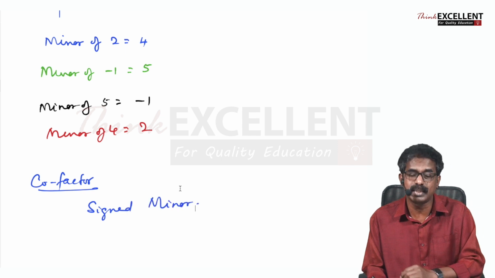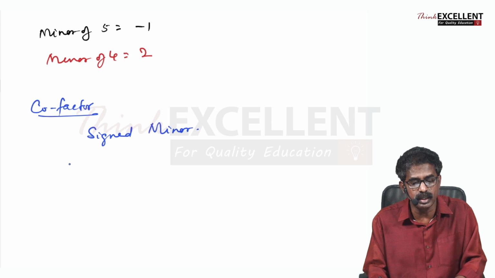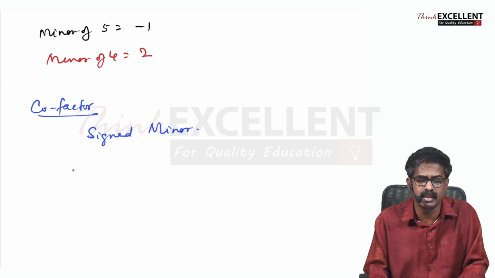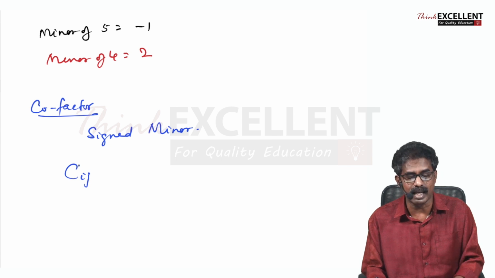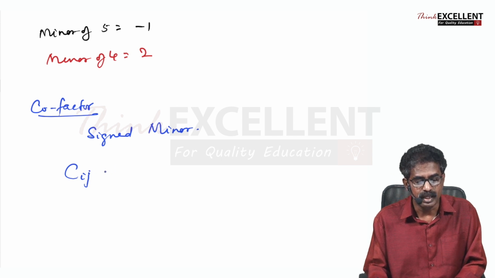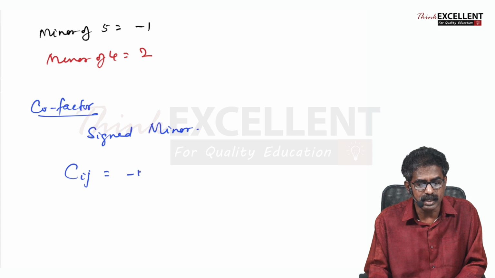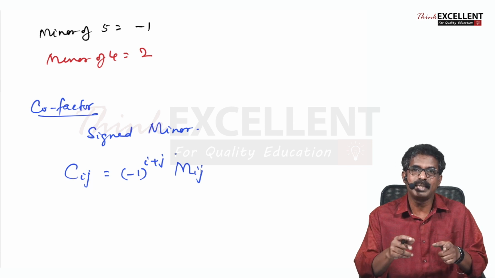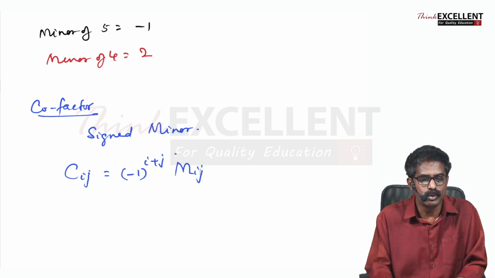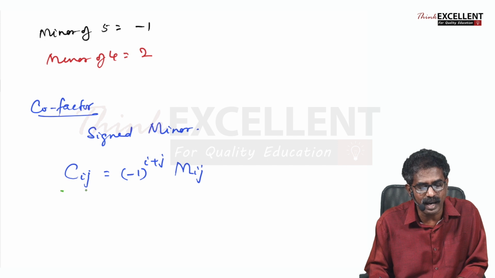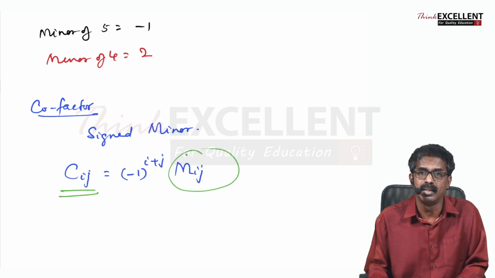We look into the sign also. Cofactor we write C, C-I-J, or sometimes capital A-I-J, whatever it is. Here the formula is minus 1 raised to I plus j, M-I-J. What is M-I-J? It is the minor. So if they ask cofactor, we are writing minor only.